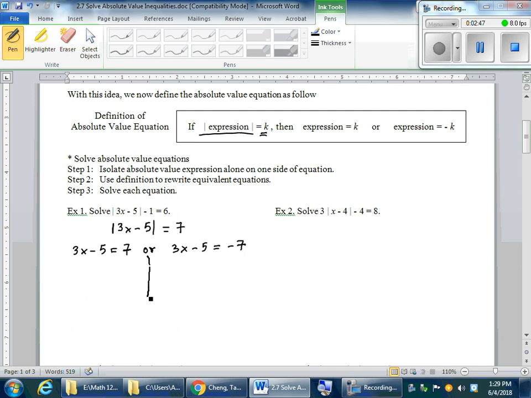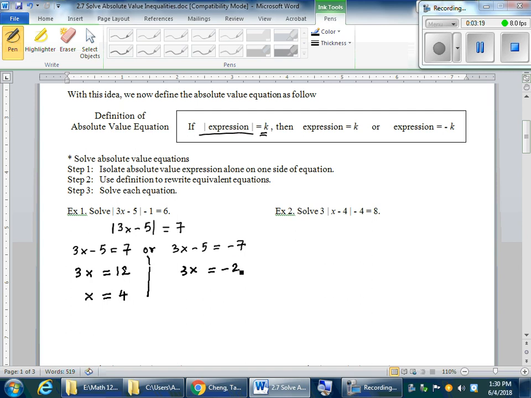So now after that, all we have to do is solve each equation. As usual, adding 5 to both sides gives us 12. Then divide by 3 on both sides, which is x is equal to 4. Then on the second equation, you add 5 to both sides, that'll become 3x is equal to -2.